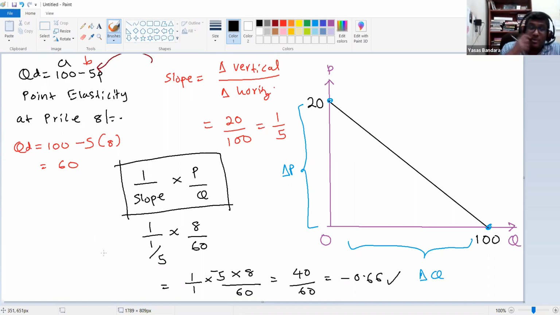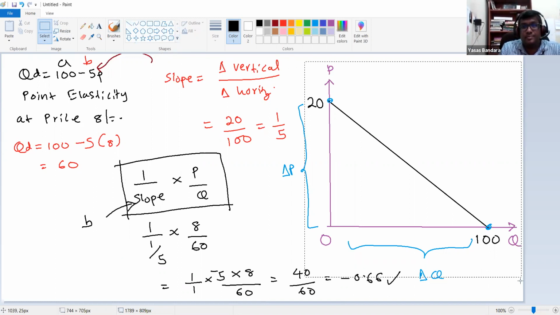However, the problem is using B for slope. Now that is the confusing part, because the demand equation, now let me erase the diagram now. Okay, there we go.